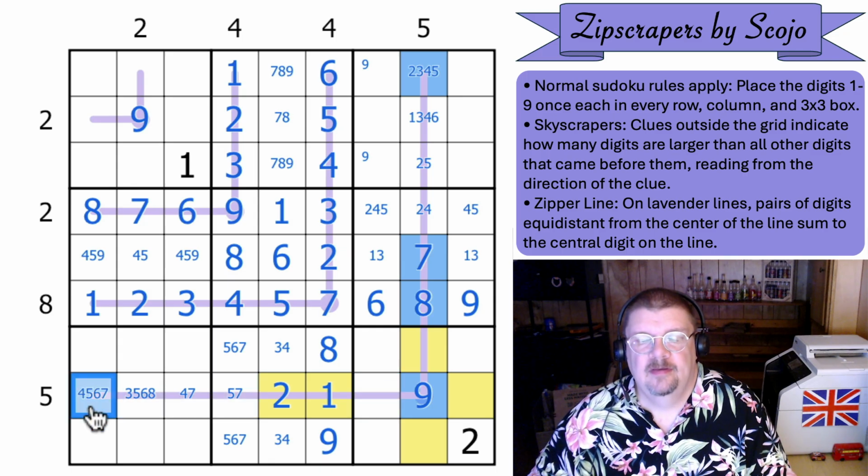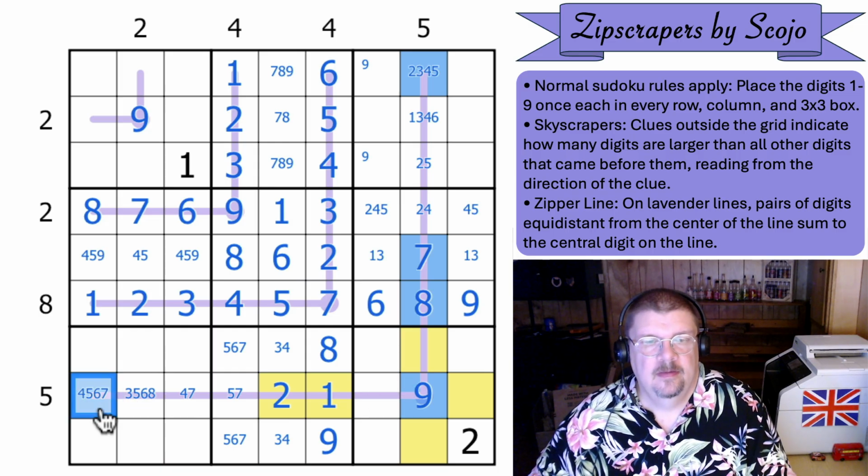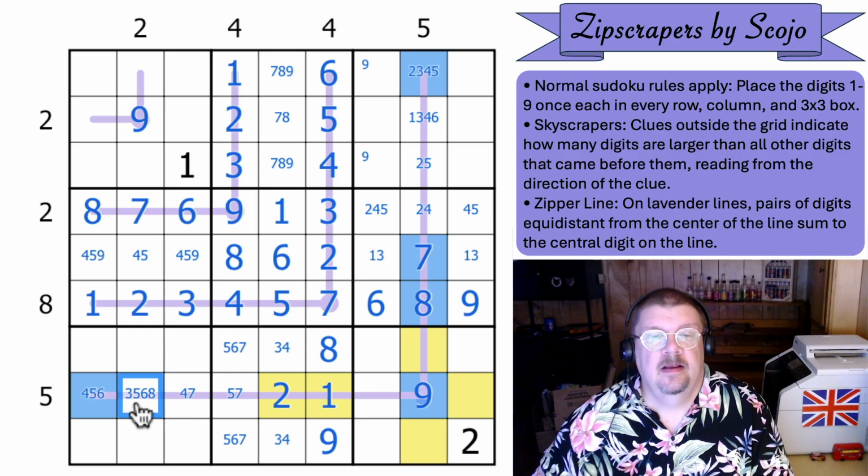Okay, if that was 7, then I could see an 8, but that would be it. So that can't be a 7. That can't be an 8, because if that were an 8, then I'd see this cell, and the 9.